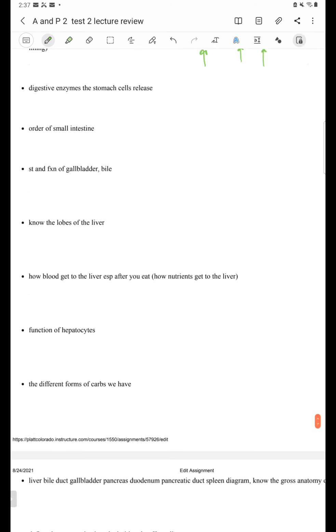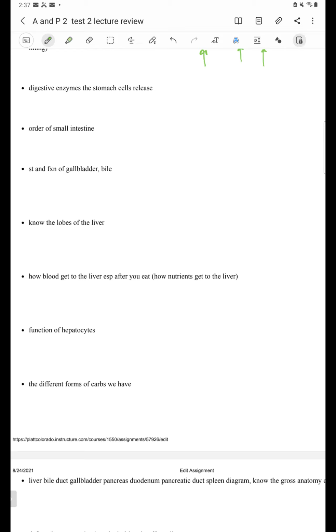Okay, we talked about different digestive enzymes that the stomach releases. Different juices, if you will, that the stomach releases, for example, hydrochloric acid.